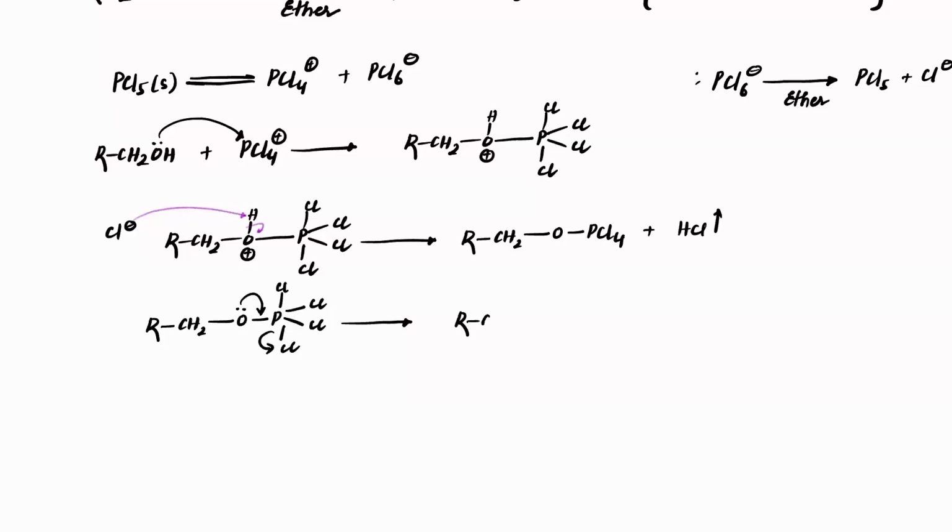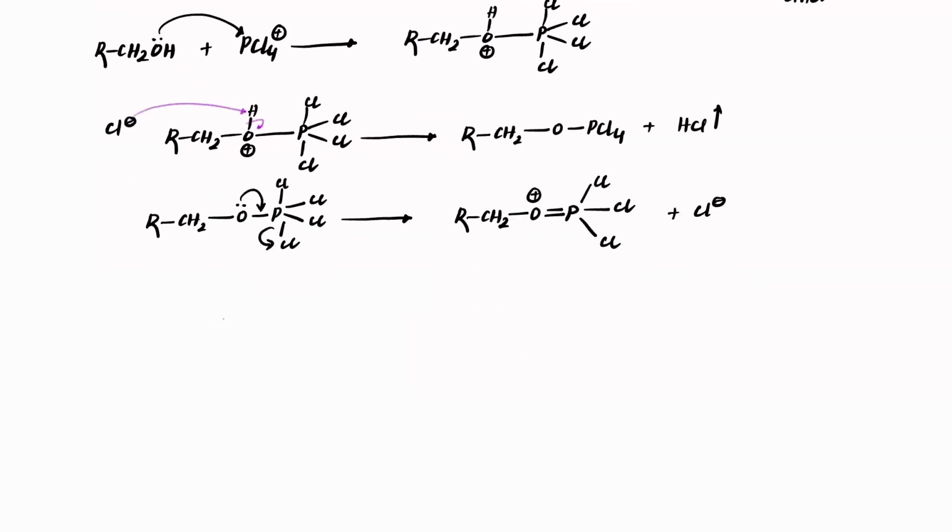That will convert into RCH2O double bond P with a positive charge and have three chlorides on it with Cl minus. Okay. And that is exactly what will trigger the next reaction here. So this Cl minus will go attack here and bond breaking will take place at this position.